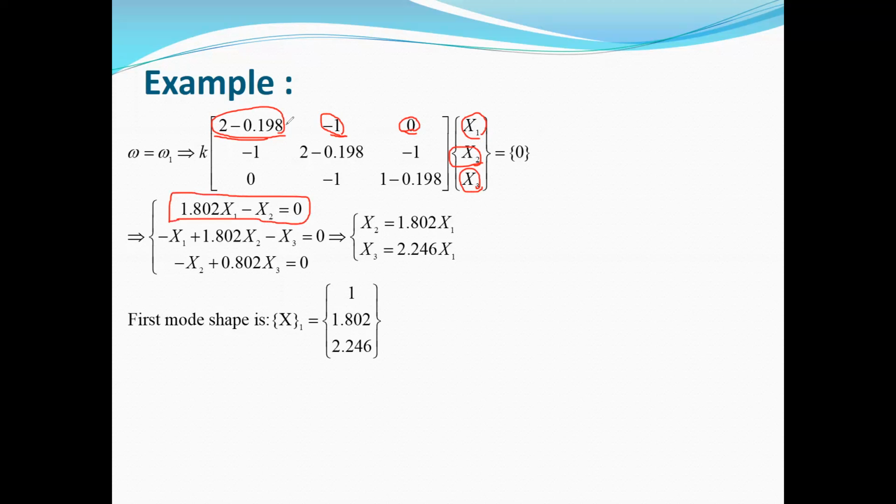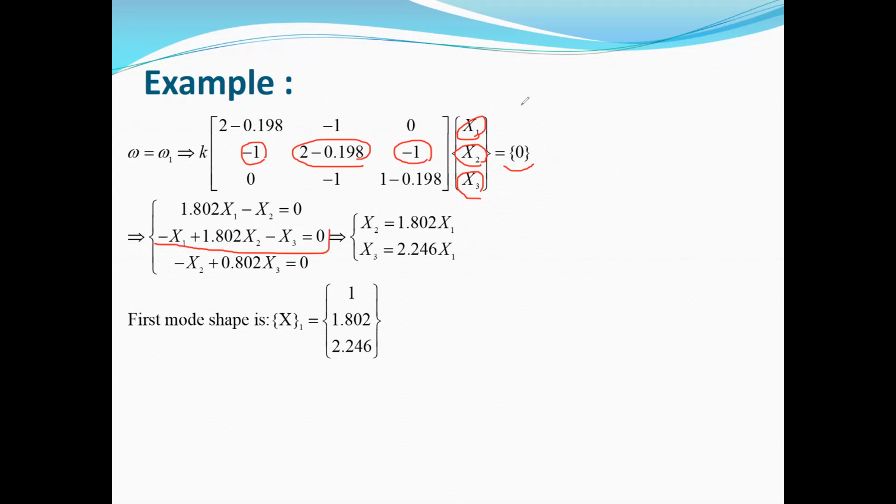The second equation can be obtained from this component multiplied by x1, this component multiplied by x2, and finally this component, which is minus 1, multiplied by x3. It must be equal to 0 again. As you can see, the right hand side of all of the equations is 0.